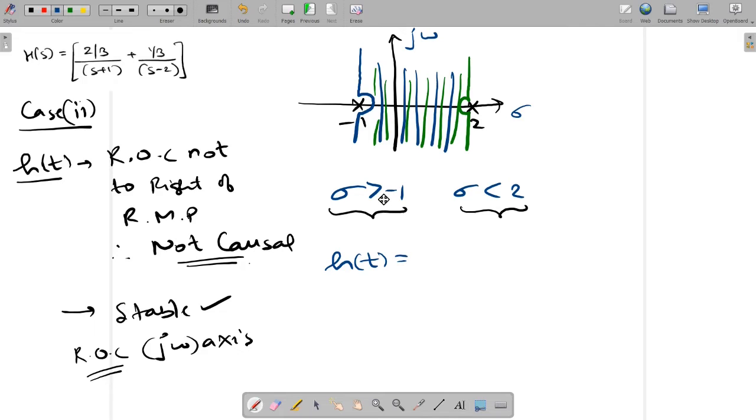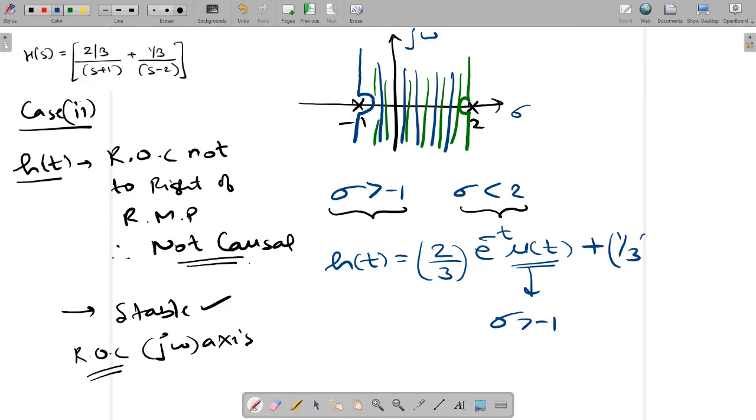How do I get a thing like this? 2 by 3. When do I get an ROC more than -1? When it is e raised to minus t u of t, with 1 by 3. How do I get the ROC sigma less than 2?